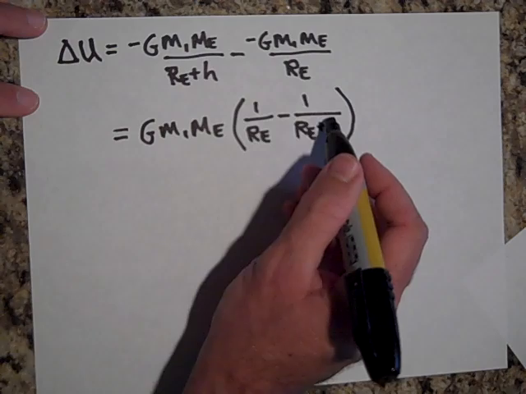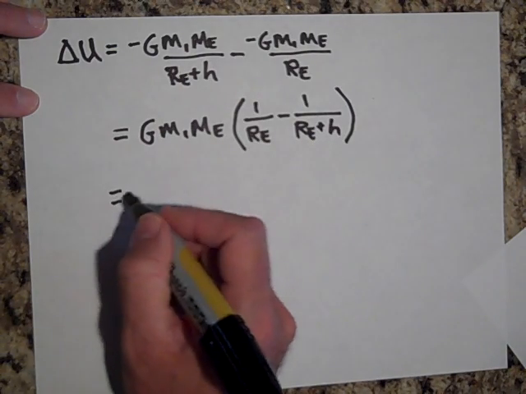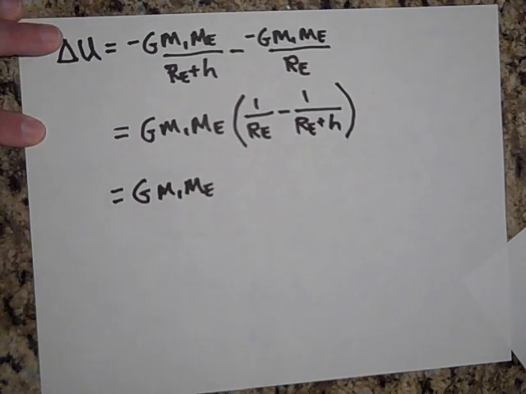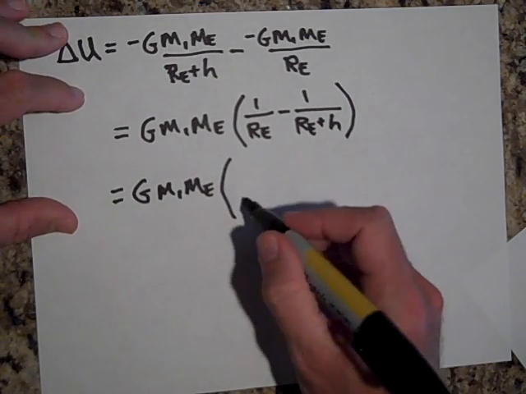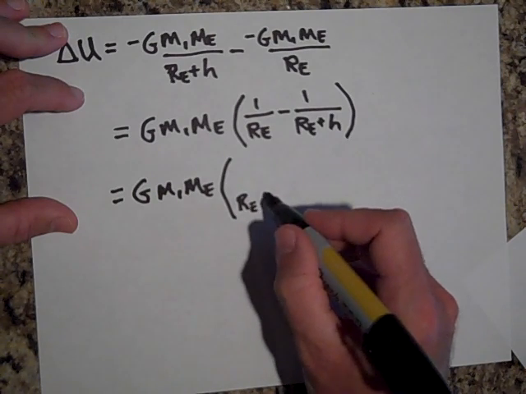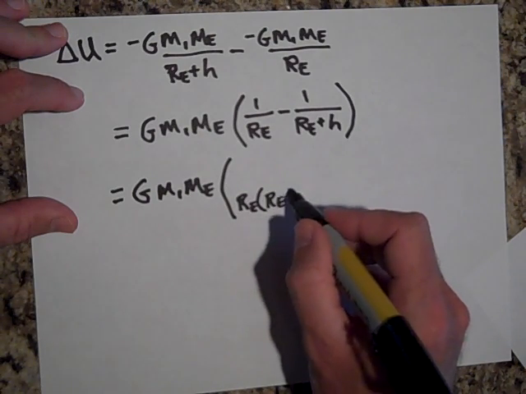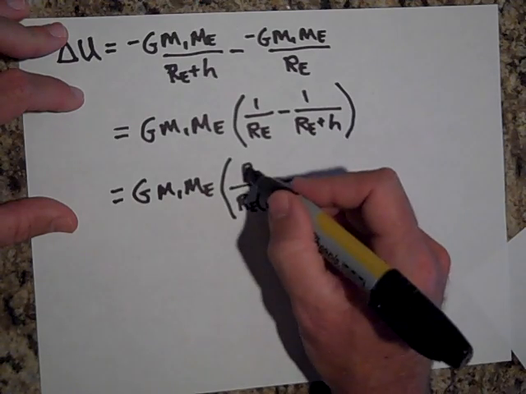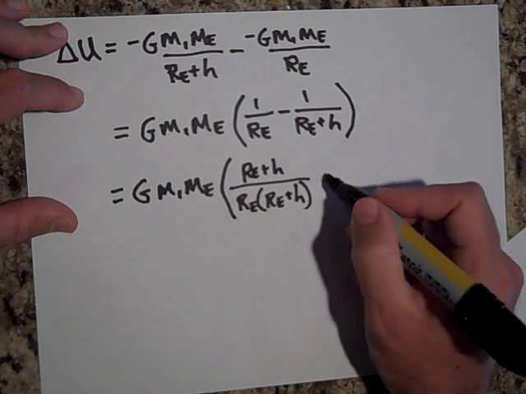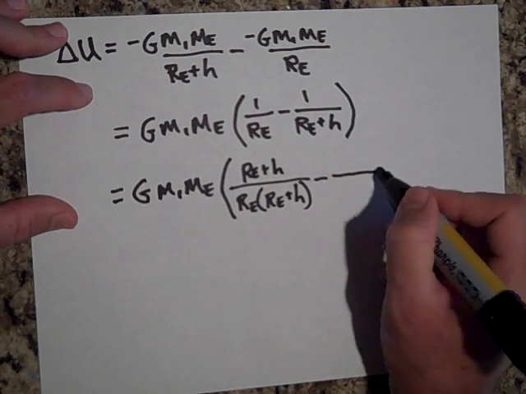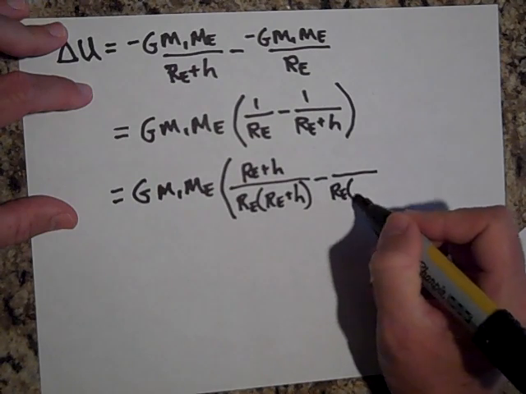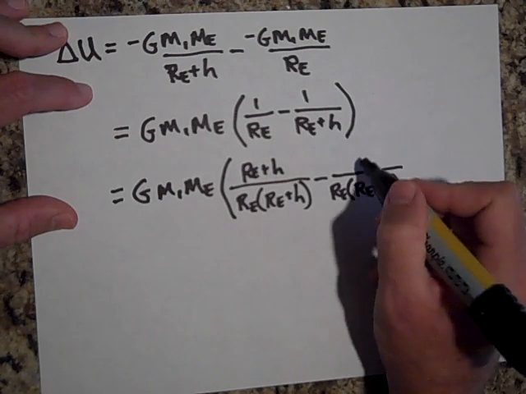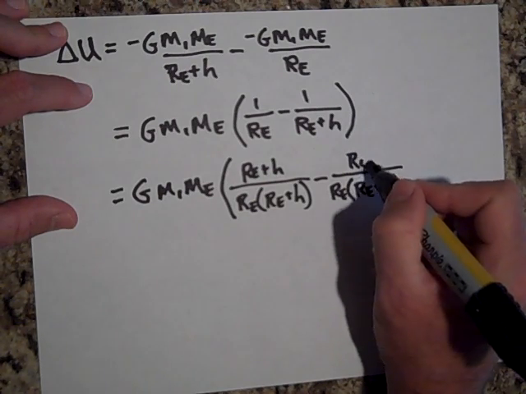Okay, I'm going to combine these terms, so I'm going to get a common denominator, maybe Re times Re plus h. That's going to give me Re plus h up on that one, then minus, and then this one's going to be Re times Re plus h, and that's going to give me Re.